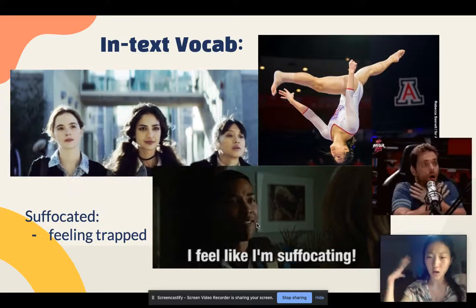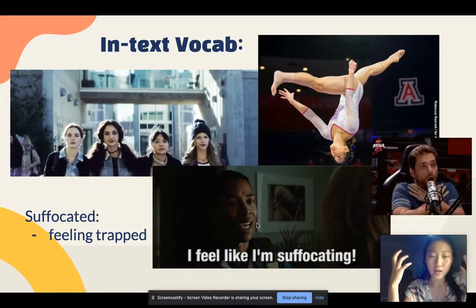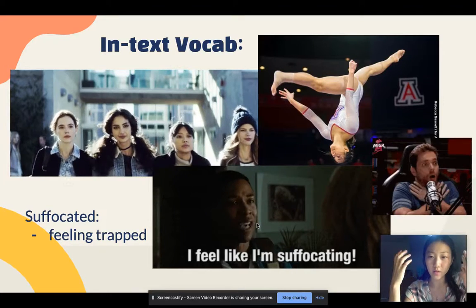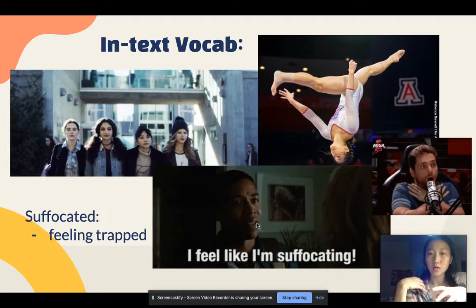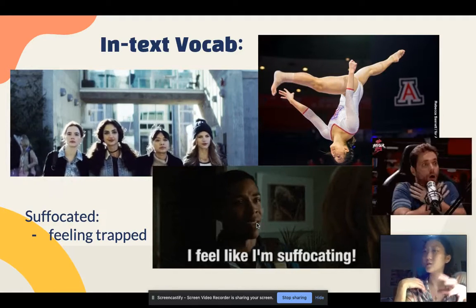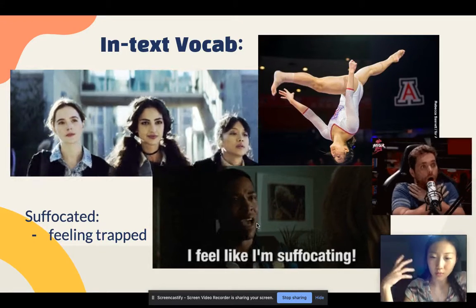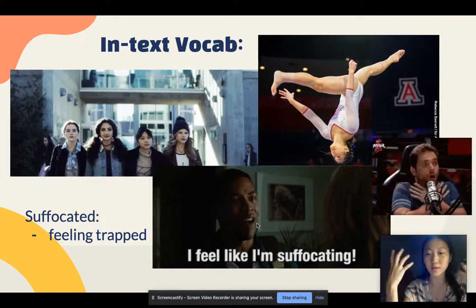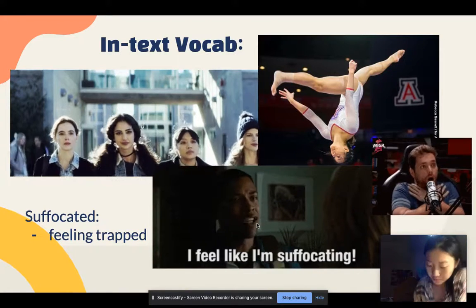So it's like if there's a lot going on in your life and it's just chaotic and you can't even think, it's then that you could say, "Oh, I feel suffocated." Or if people are all trying to get your attention, saying, "Oh, Mishu, Mishu, Mishu." If everyone was barraging me with questions, I could say, "Oh, I feel suffocated," one at a time, you know? So something like that.